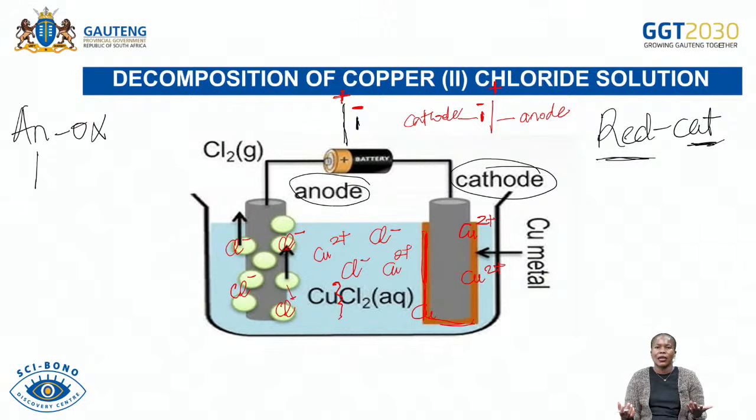It is as simple as that. So if the question comes through to say, write down the half reaction that has happened at the positive electrode or the negative electrode, then you are able to just write the correct half reaction.